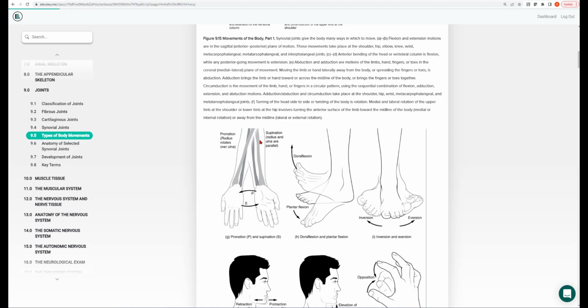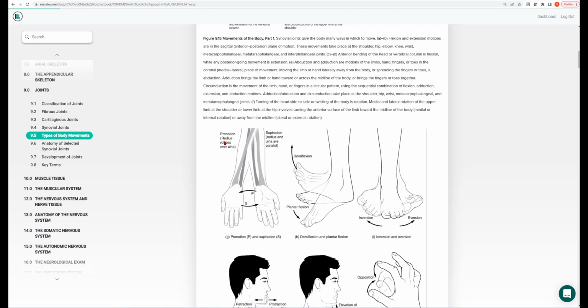We call that supination. But if you now flip your palm to looking backwards, your ulna and your radius actually cross over each other. So when you do that, that's called pronation. So to pronate is having the radius cross over the ulna.